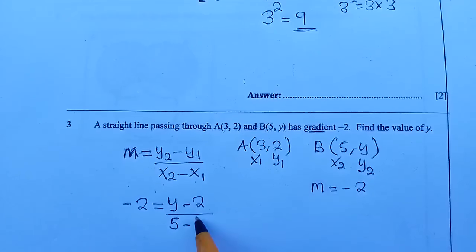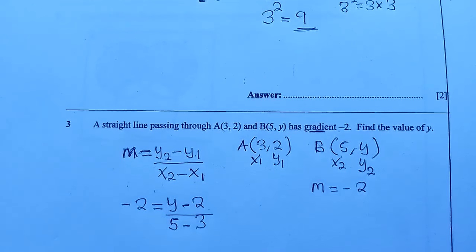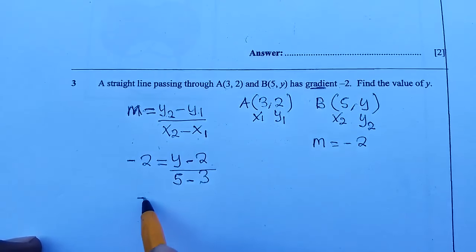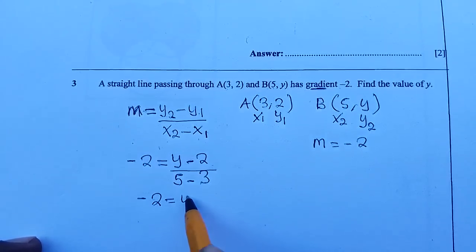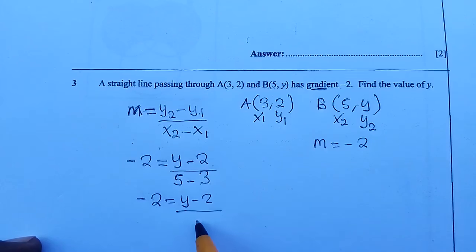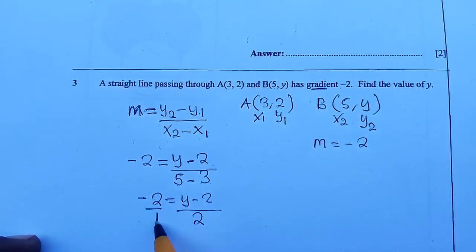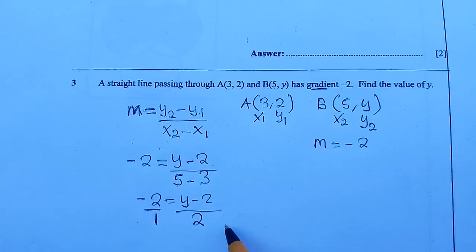It is 3. So -2 is equal to y minus 2 over 5 minus 3, it is 2. You put a 1 under the -2 so that you've got both fractions here.